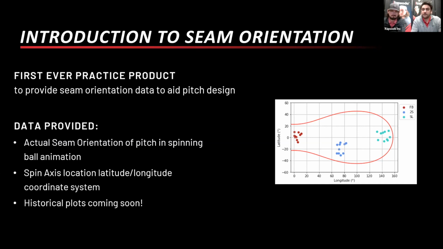And so this historical plot is going to be showing, like I said, the latitude and longitude coordinates for a pitch session, divided up into different colored points for different pitch types, like you're used to seeing in the Diamond app already and in the cloud already, with your vertical and horizontal break and velocity and whatnot.